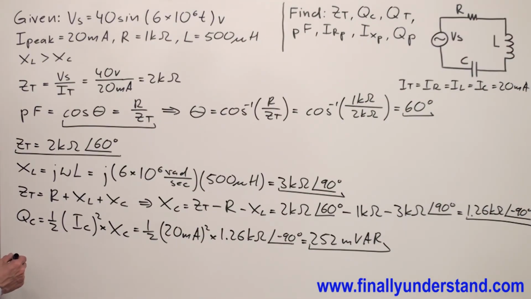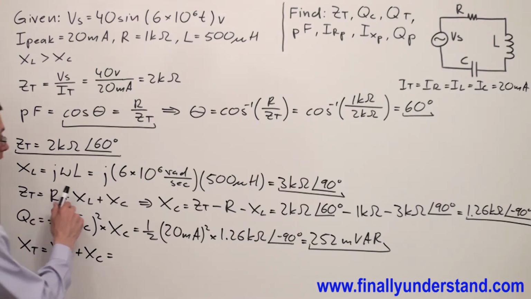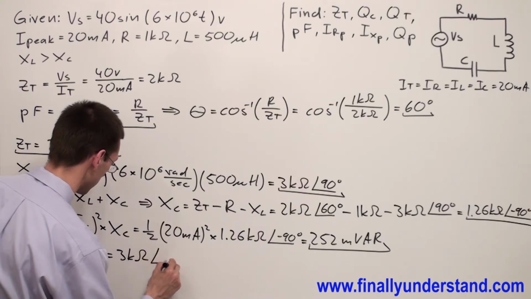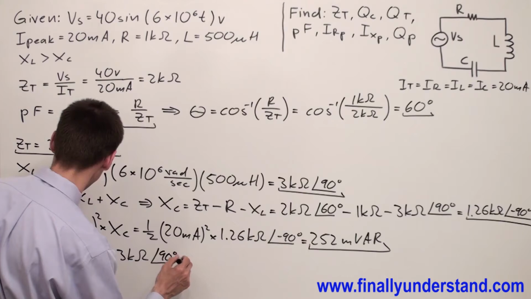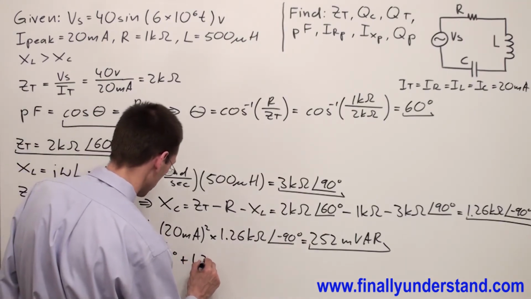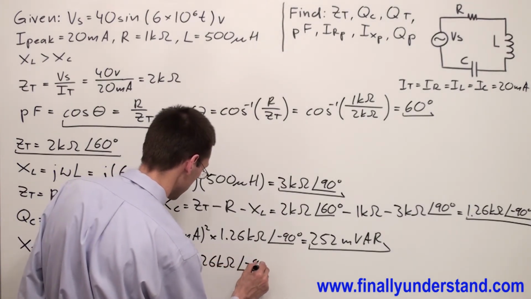Next, I'm supposed to find the total reactance in my circuit. So I'm supposed to write X of T is equal to X of L plus X of C, where X of L is equal to 3 kiloohms, an angle of 90 degrees, plus X of C, which is equal to 1.26 kiloohms, an angle of negative 90 degrees.